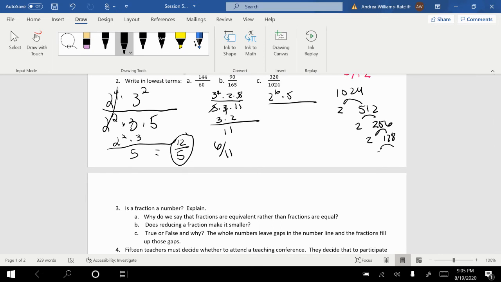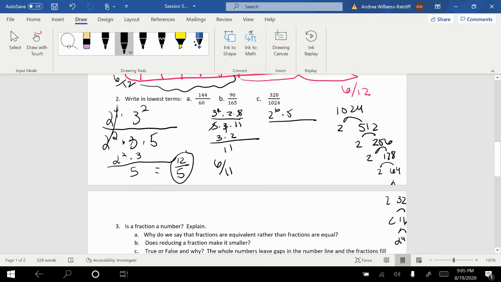So 2 and 64, which would be 2 and 32, and 2 and 16, and of course 16 would just be 2 to the 4th. So when I count this, quite a bit of 2s: 1, 2, 3, 4, 5, 6, and then we have the 2 to the 4th here. So it would be 2 to the 10th in the denominator.